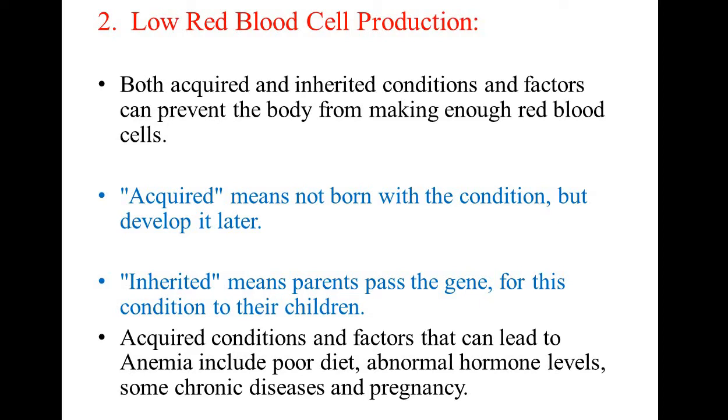Inherited condition means parents pass the gene for this condition to their children, from one generation to the next. Acquired conditions and factors that can lead to anemia include poor diet, abnormal hormone levels, some chronic diseases and pregnancy.